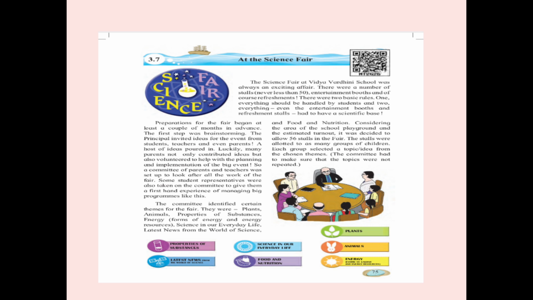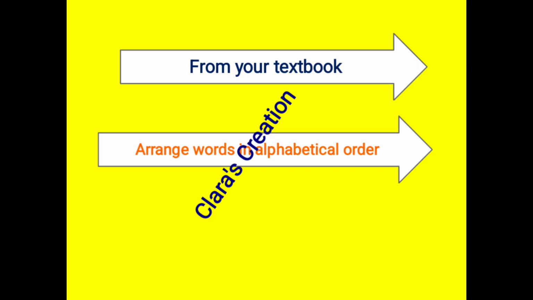Now list out 5 words that begin with alphabet A. List out 5 words that begin with alphabet B. And then you come to this question from your textbook: arrange the words in alphabetical order. So you understood what I was trying to teach you?